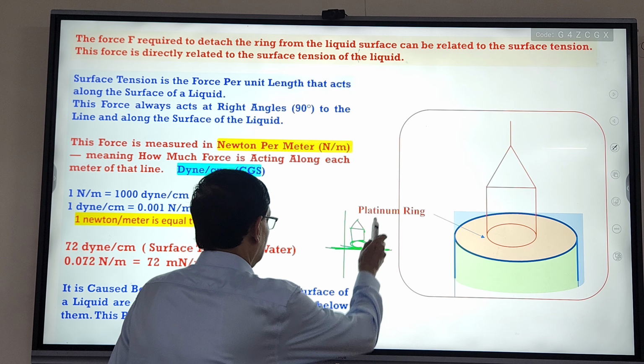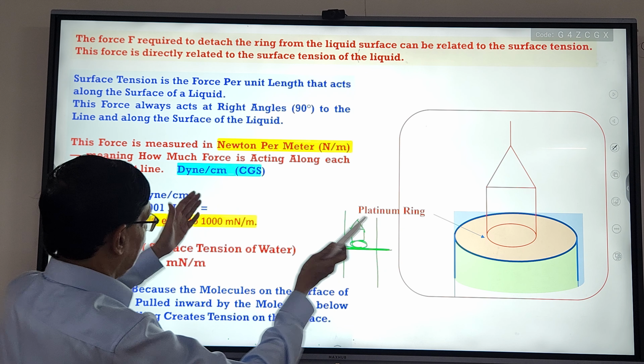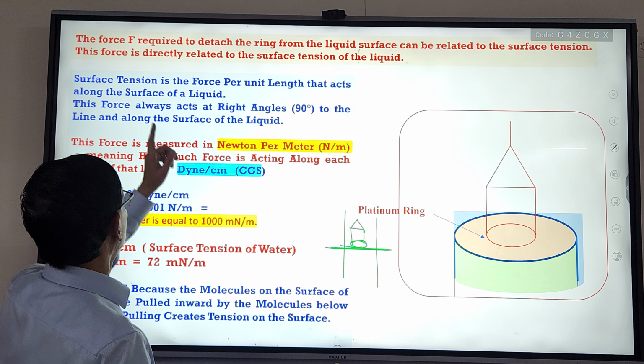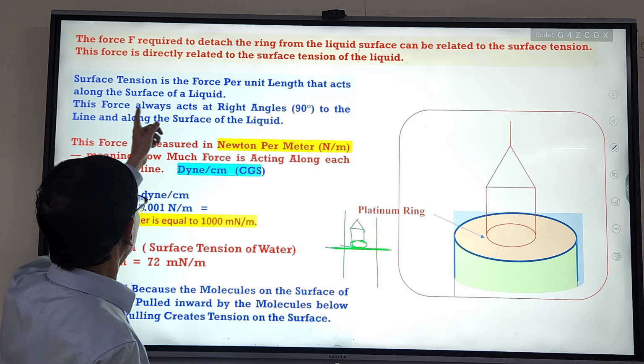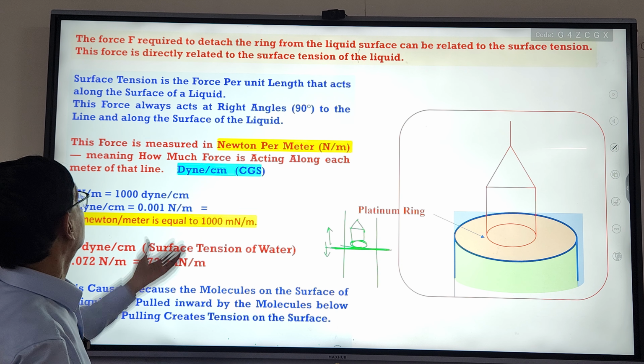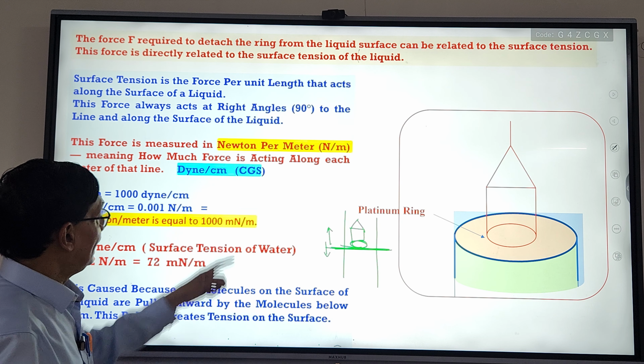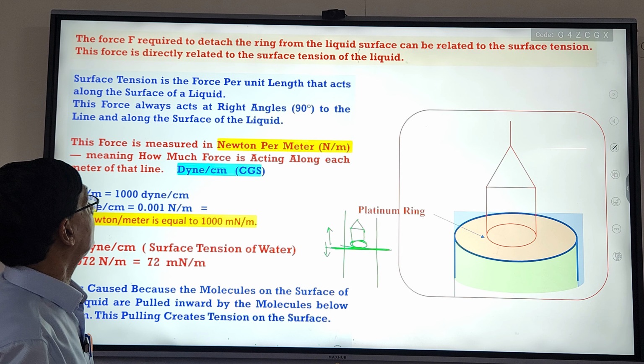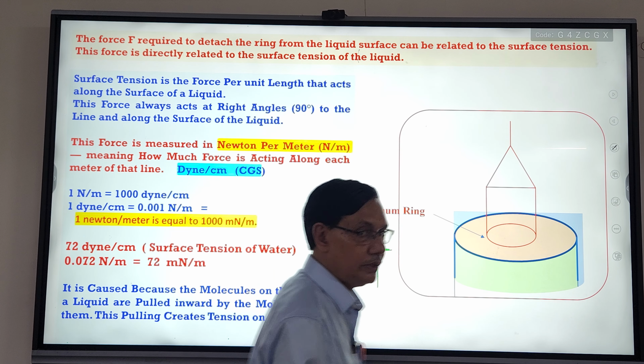So we generally call it like a particular length. So the force required to detach the ring from the liquid surface can be related to the surface tension, and that force is directly related to the surface tension of the liquid.